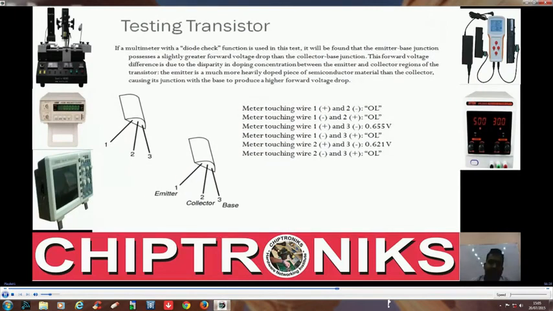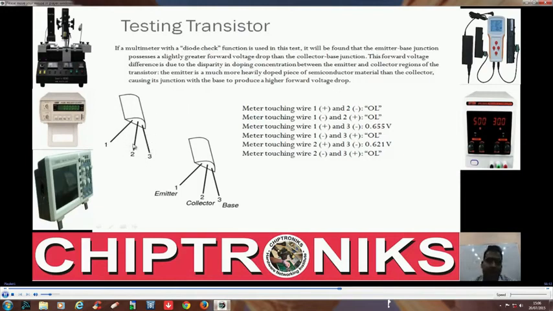All right, so now I think we are pretty aware of the working of a transistor. Now we need a way to test a transistor and a way to identify its various terminals. If we do not know which one is the emitter, base and collector, how do we identify those three terminals?